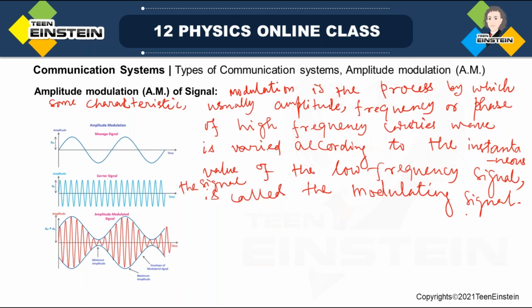Now, as we see in the definition, amplitude, frequency, or phase will be varied. Let me explain this definition. Modulation is the process by which some characteristics, like frequency, amplitude or phase, of a carrier wave are varied. What is a carrier wave? Suppose this is the message signal which I need to transmit from one place to another.